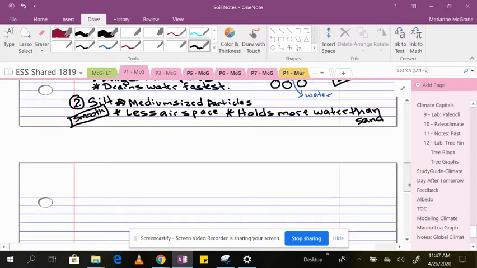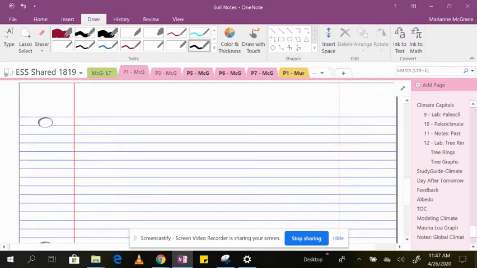Okay. The last thing, I'm going to go to the back side of my paper now. The last one that we are going to be talking about is clay. And if you have ever taken an art class, you have dealt with clay, if pottery or ceramics class. And so clay has the smallest particles.